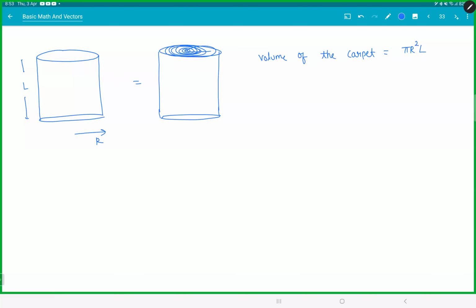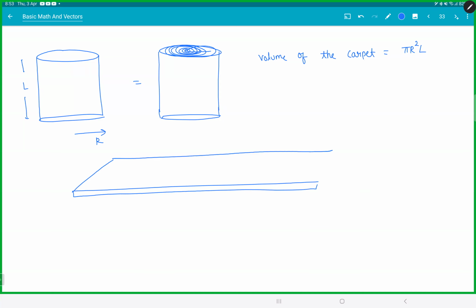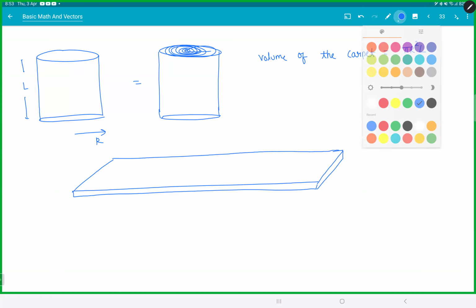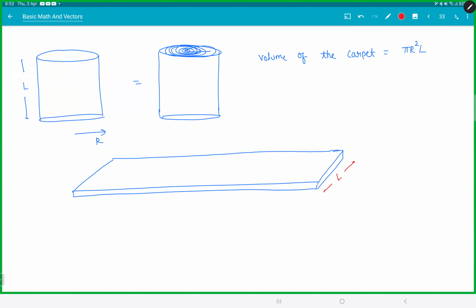Clear? Now, when you open this full carpet, the carpet will look like this. Agreed? Where this would be the length of the carpet, that is this length. This will be the thickness of the carpet, which I don't know, right? And let's call this distance d. What is the volume of this thing then?